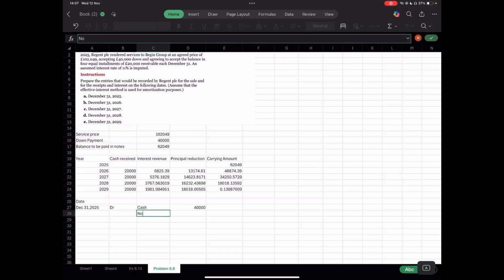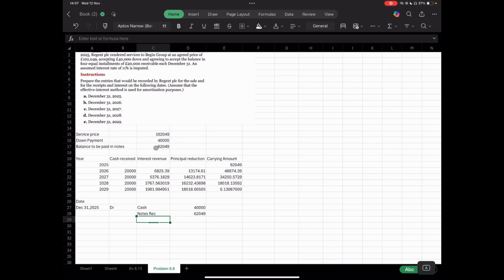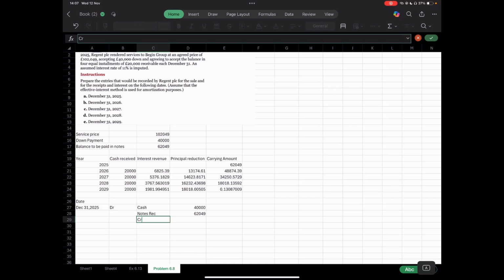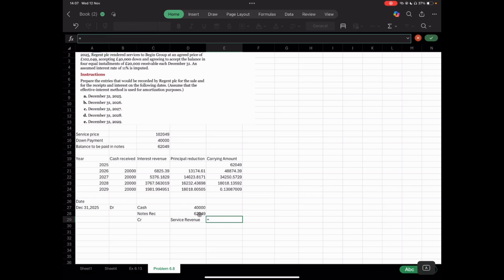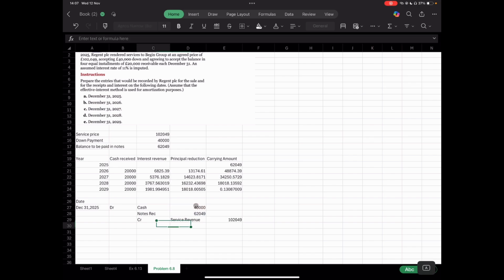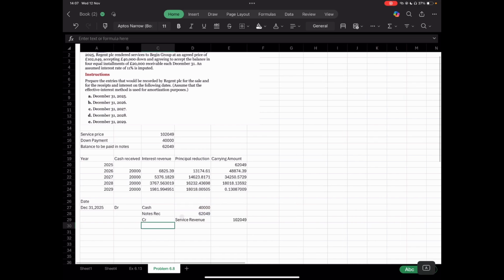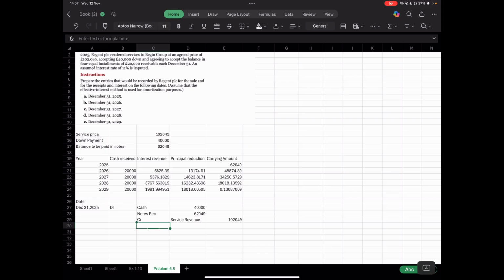Here are notes receivable, 62,049. And here comes our credit account for the sale. So basically it's both notes receivable plus cash. Here we have our journal entry for December 31st, 2025.